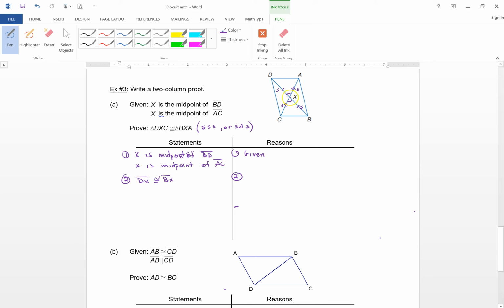Also, CX is congruent to AX. This is the midpoint theorem. Next, these two angles are congruent, so angle AXD is congruent to angle BXC.